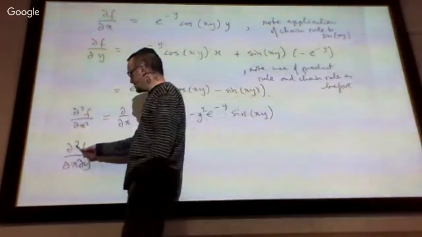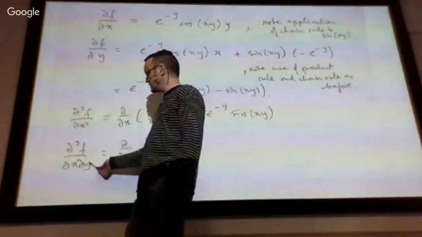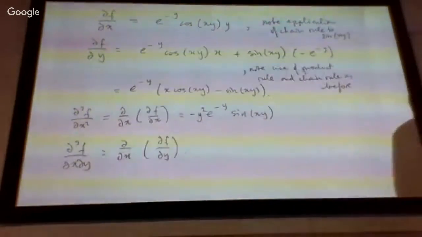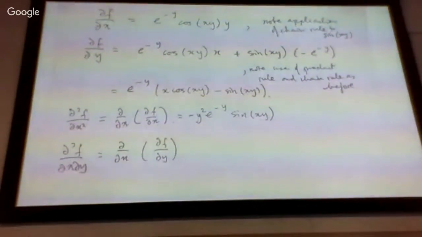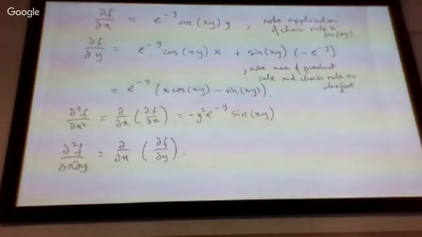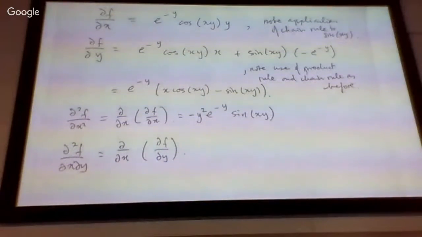So the operation indicated here is a composition of the operators, differentiating first with respect to y and then with respect to x. So at least the way I've written it out honors that order of the composition. Of course, by Fubini's theorem, it doesn't really make a difference in what order you do it, as long as the function f isn't too pathological. There are examples of strange functions where it is sensitive to the order in which you differentiate them. But for most familiar continuous functions, it's always going to be the same.